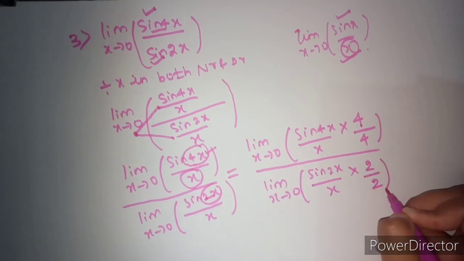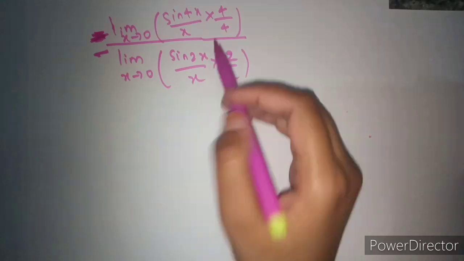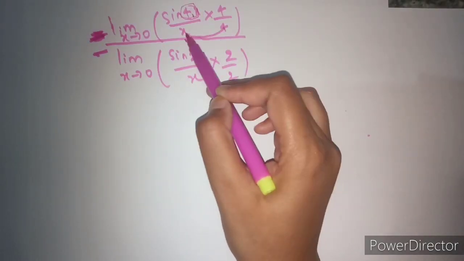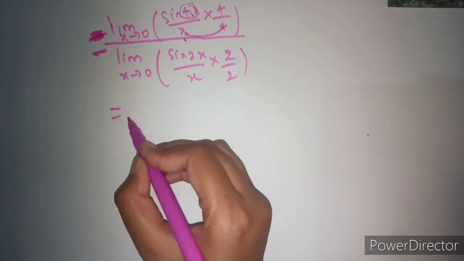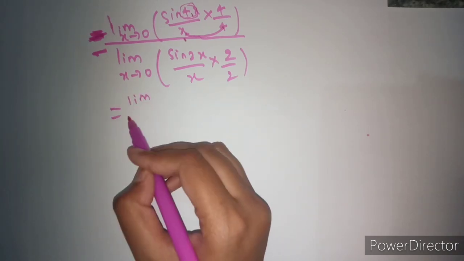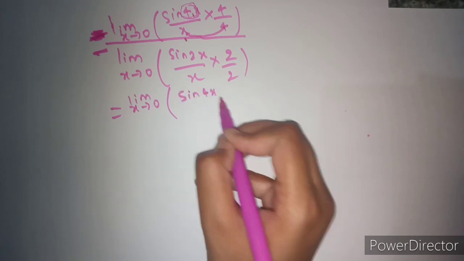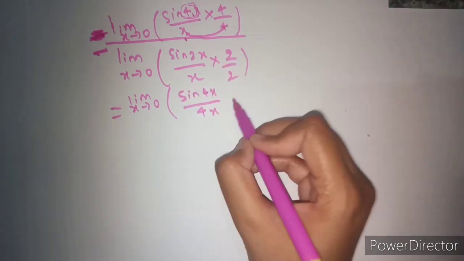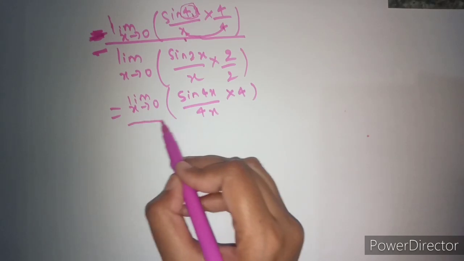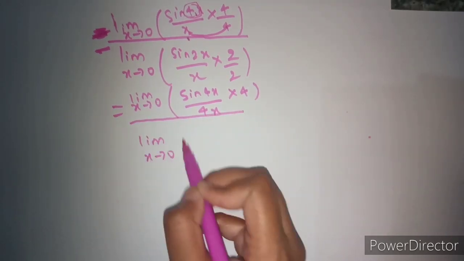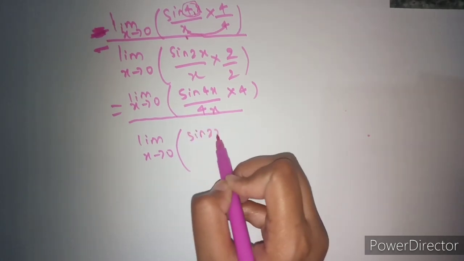Okay, so here we have 4x, so we need 4x here. So multiply these two. So what will it become? Limit x tends to 0, sin 4x by 4x, and what is remaining? 4 is remaining, divided by limit x tends to 0, sin 2x as it is.